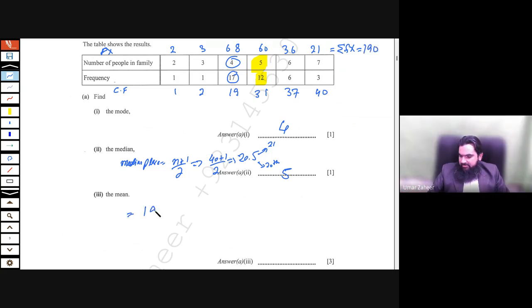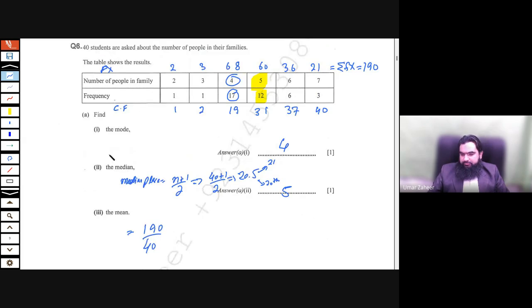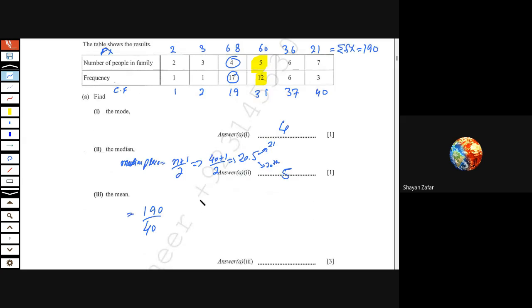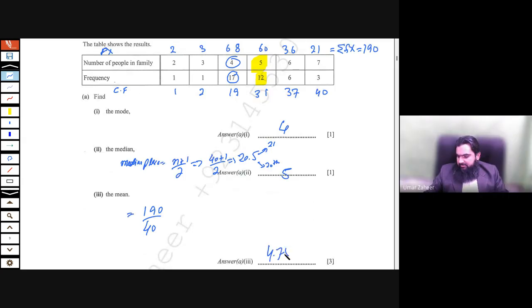So mean will be equal to 190 divided by 40, which is equal to 4.75. This is how you have to do this worksheet.